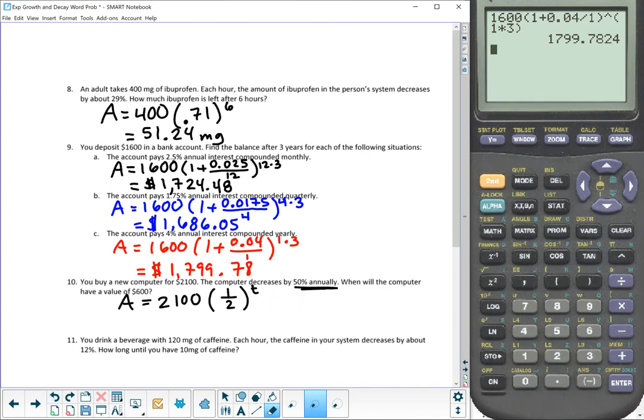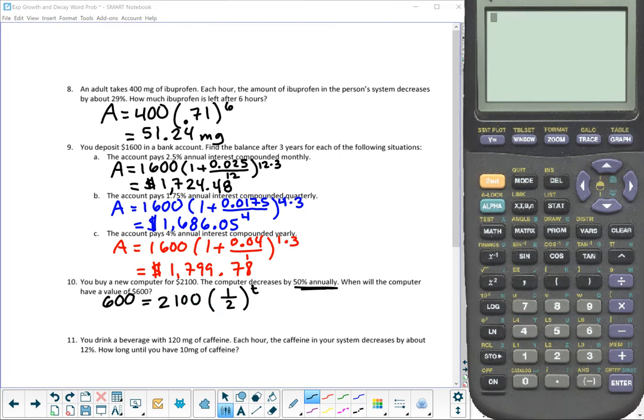Okay. Now, it says, when will the computer have a value of 600? So this is actually telling us, hey, at the end, our A, our final amount, is going to be 600. So we are actually going to put 600 in here. All right, and now we just got to solve for t. So first, we need to get rid of that 2,100 from the right-hand side. So I'm going to go ahead and divide both sides by 2,100.